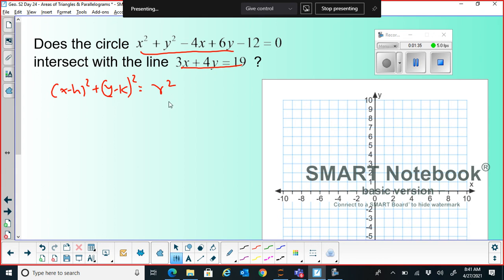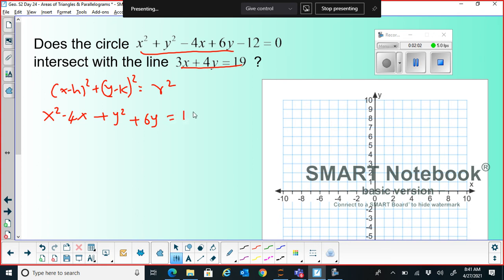So first of all, let me take this equation: x square. I'm keeping all the x terms together and leaving a space, otherwise I'll do that in the next step. Then I'll keep all the y terms together, y square plus 6y, and I'm keeping the constant on the right side by adding 12.